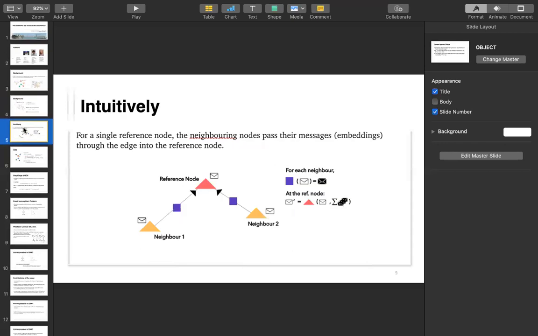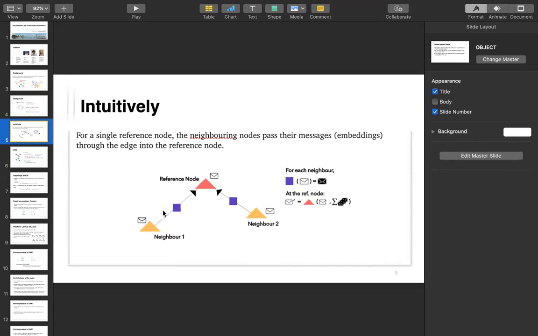One intuitive way is to aggregate the information for each node from its neighboring nodes, so that we can incorporate some structural information into this node. For every node, we do the same work. Here, you can see the graph. The red triangle is the reference node.